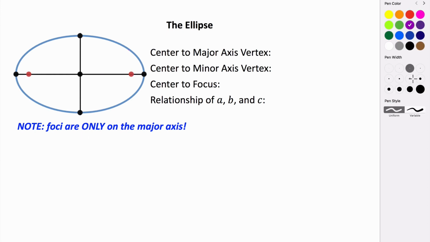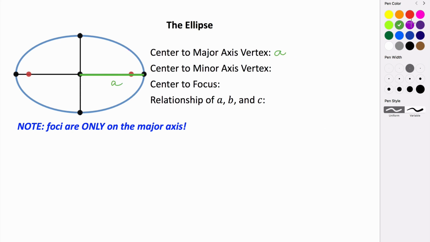Let's talk about the different lengths, the different distances, and what we refer to them as. If we're looking at the center, the distance from the center to the major axis vertex, or just the regular vertices, we call that value A. We use A to represent that value.